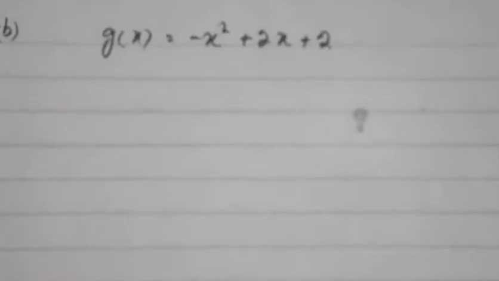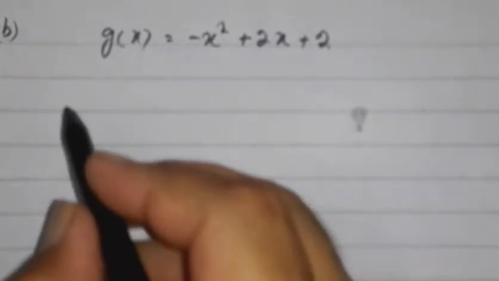g of x equals minus x square plus 2x plus 2. Part B. Is g of x continuous from the right at x equals -1?